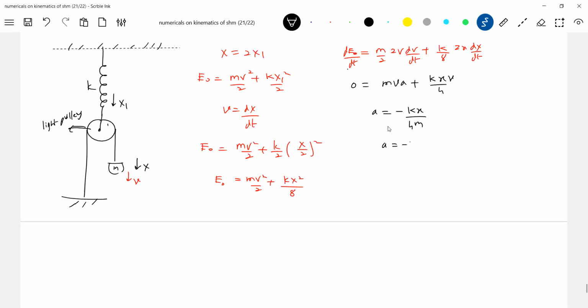Comparing with the standard equation of SHM, what is omega? Omega is root of k by 4m. So what is the time period of oscillation? 2 pi root of 4m by k. Able to understand now?